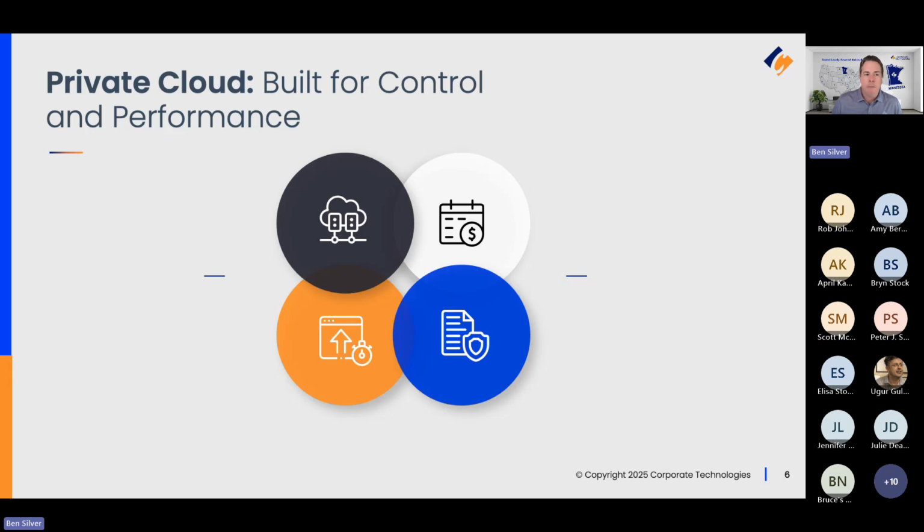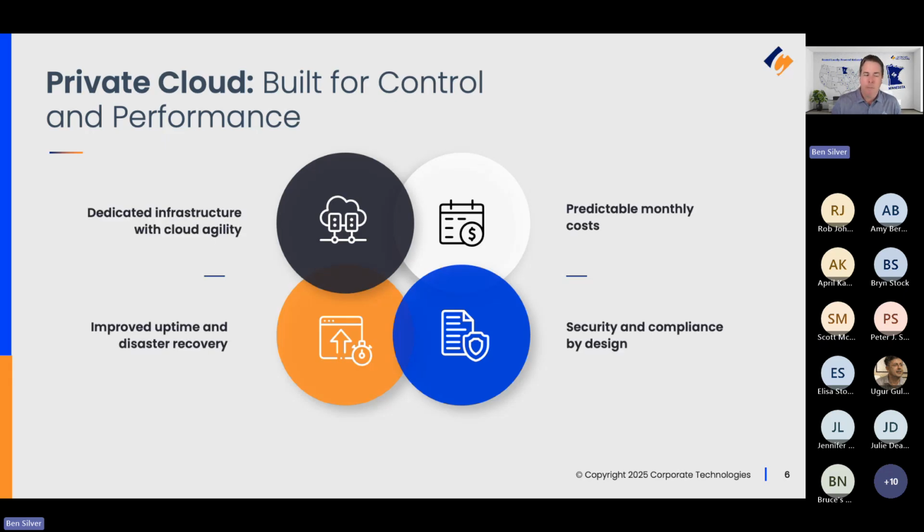In our private cloud environment, again, we're built for control and performance. We've got dedicated infrastructure with the agility of being in the cloud. So you do get the flexibility to turn things up, turn things down as needed. That meets the needs of your business, even in a seasonal environment. You have improved uptime and disaster recovery.